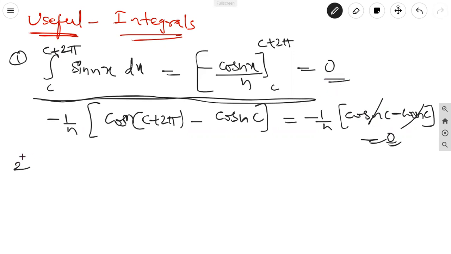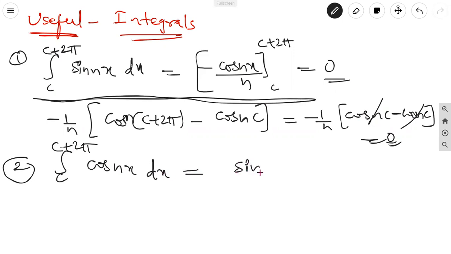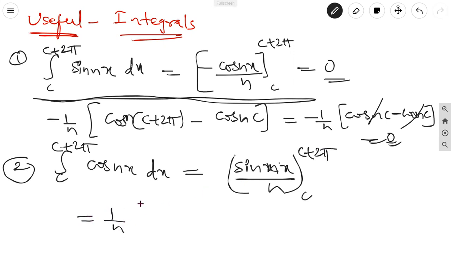Second one, integral c to c plus 2 pi cos nx dx. Cos integration is sin nx by n, limits from c to c plus 2 pi. Take the upper limit: 1 by n, sin n of c plus 2 pi minus sin nc.